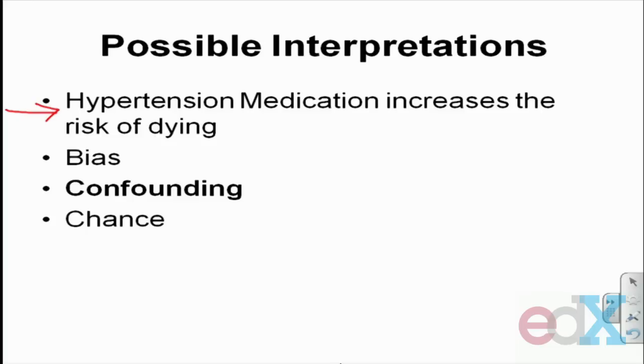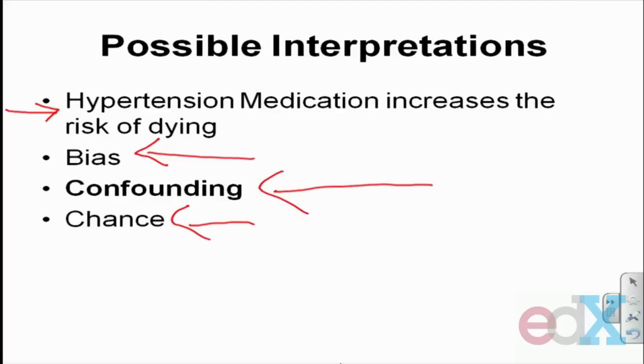But before we can conclude that, we have to consider the alternative explanations that we've been stressing in these lectures. We could have a bias in our study, either a measurement bias or a selection bias. It could just be an association that's due to chance. Well, the confidence interval gives you an indication whether that's likely or not. But what I want to focus on now is this other possible explanation.